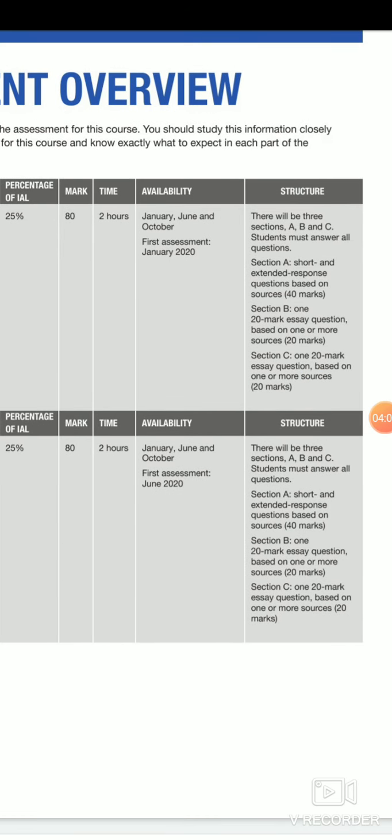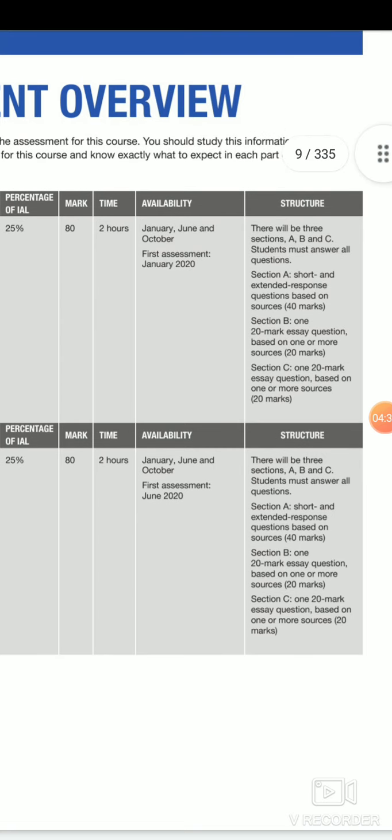The papers are available usually in January, June, and October, and both papers consist of 3 main sections. Section A is about short and extended response questions, which is 40 marks. Section B has a 20-mark essay question, and Section C has another 20-mark essay question.